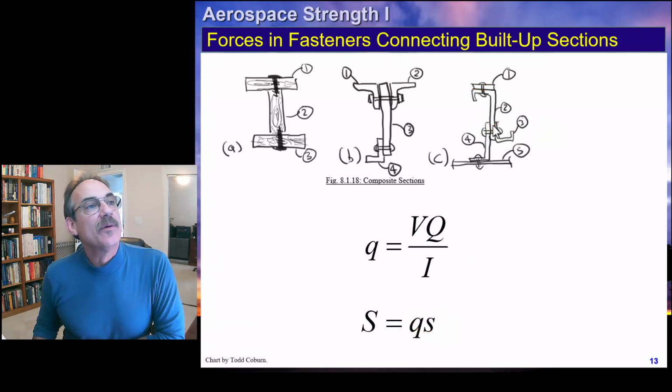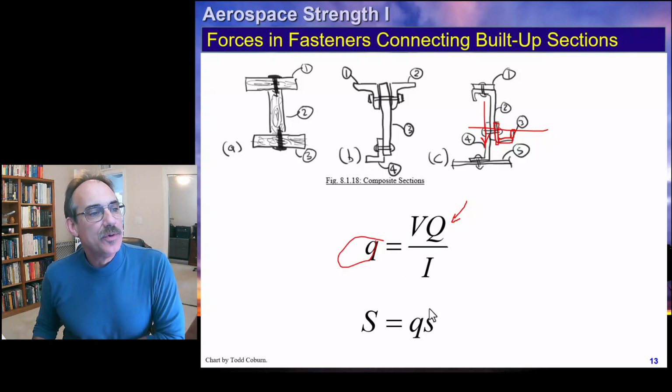Let's take a look at another one. Let's say we want to know what's the shear force acting on this piece. Well, we take the Q of this little rectangle plus the Q of this little rectangle plus the Q of this little rectangle. That gives us the Q. We take the total shear and the total I about the centroid.